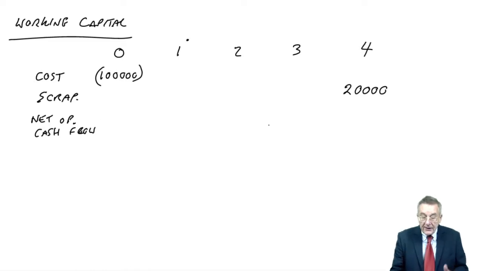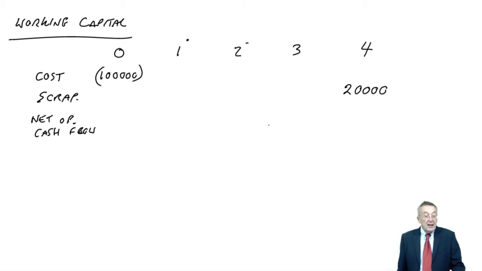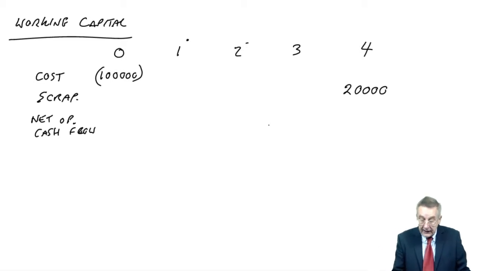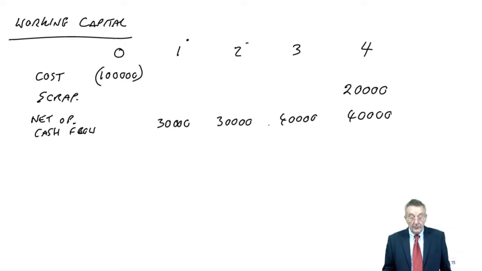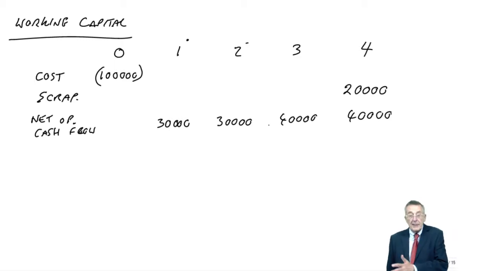So time 1 is 1 year from now, time 2 is 2 years from now, and so on. If we receive 30,000 at the end of the first year, there's an inflow of 30,000 in 1 year's time, 30,000 in 2 years' time, 40,000 in 3 years, 40,000 in 4 years. No problem, a nice simple example. We're listing all the cash flows each year.